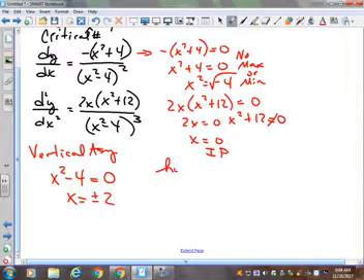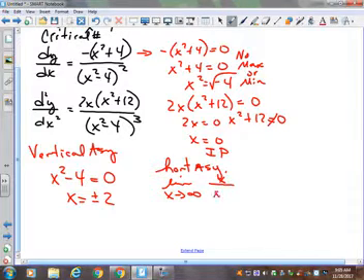So with horizontal asymptotes, the limit as x goes to positive infinity of x over x squared plus 4. So what am I going to put under, everybody? x squared.